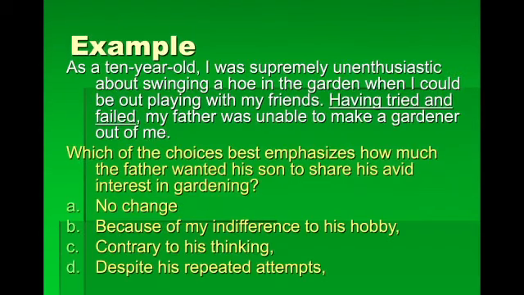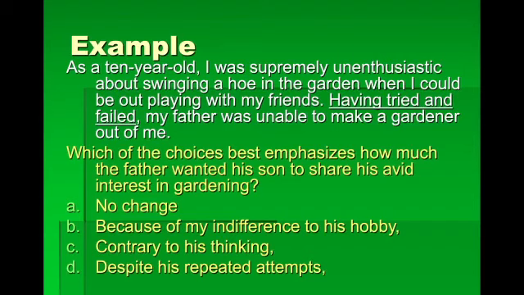Let's take a look at an example. As a 10-year-old, I was supremely unenthusiastic about swinging a hoe in the garden when I could be out playing with my friends. Having tried and failed, my father was unable to make a gardener out of me. So now we want to look at the context of the writing and ask which of the choices best emphasizes how much the father wanted his son to share his avid interest in gardening.